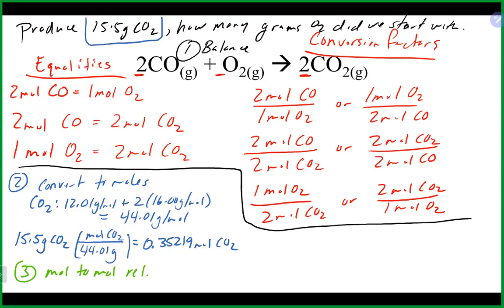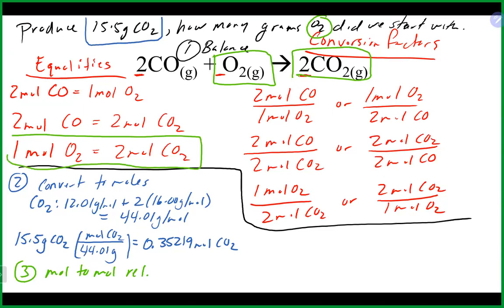So how do I know what I'm looking for? Well, they gave me CO2, so clearly from the equation I am interested in CO2. The other thing I'm interested in is what I am trying to find, which in this case is oxygen, and that would be this guy. So the relationship from the equation is 2 moles of CO2 is produced for every 1 mole of O2.